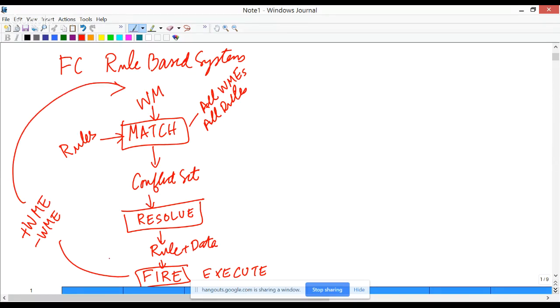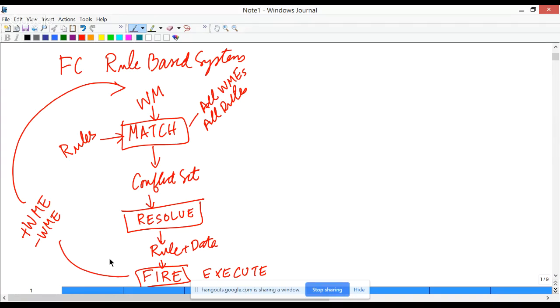If you remember, a rule based system works by first doing the match to find out what are all the rules which are applicable. That's done by match.